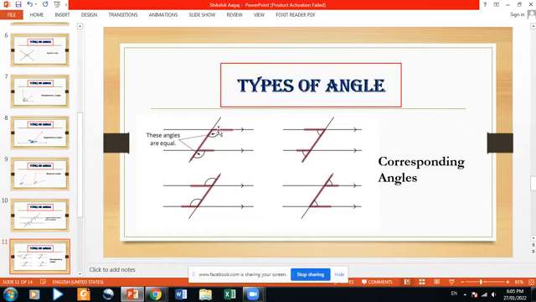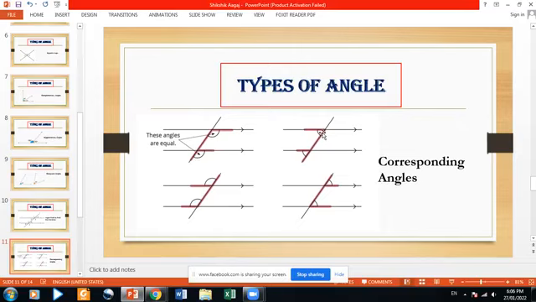This angle is to the right of the transversal and below the parallel lines, and there is a pair of angles. This pair is known as corresponding angles. Corresponding angles, संगत कोण कहते हैं उनको.